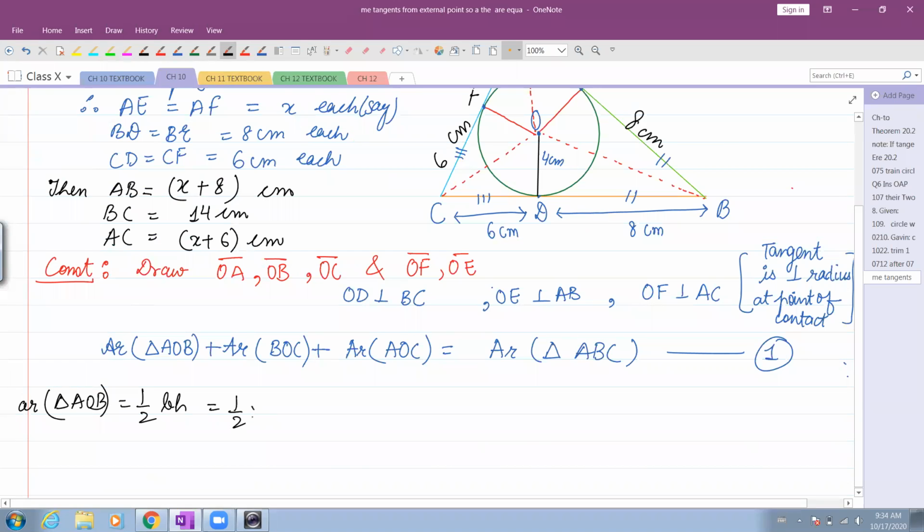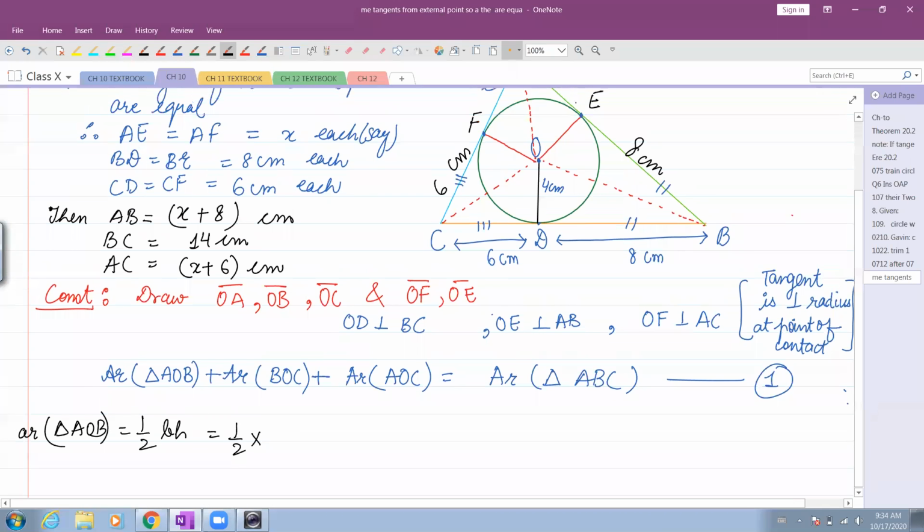The base will be the side of the triangle and height will be the radius of the circle. If you want, you can mark this in the diagram that these are the perpendiculars we will be using as heights of the triangle. So for triangle AOB, the side is AB. Let me write that so that it's convenient. AB and the perpendicular is OE.